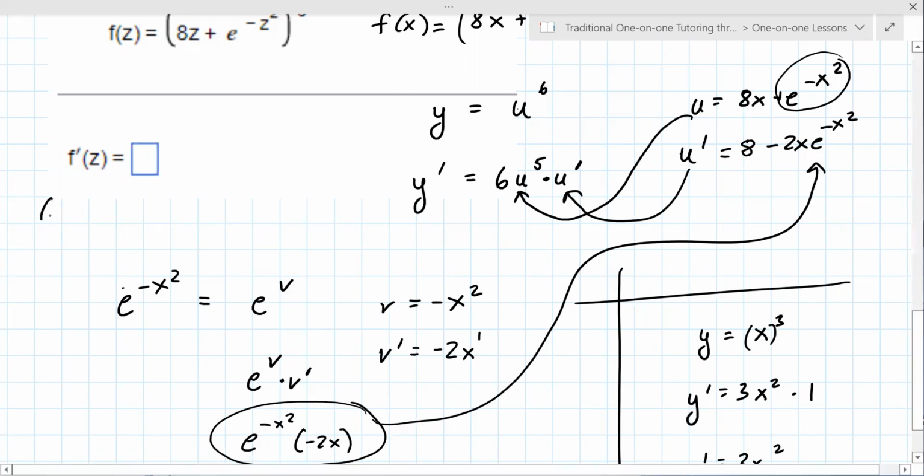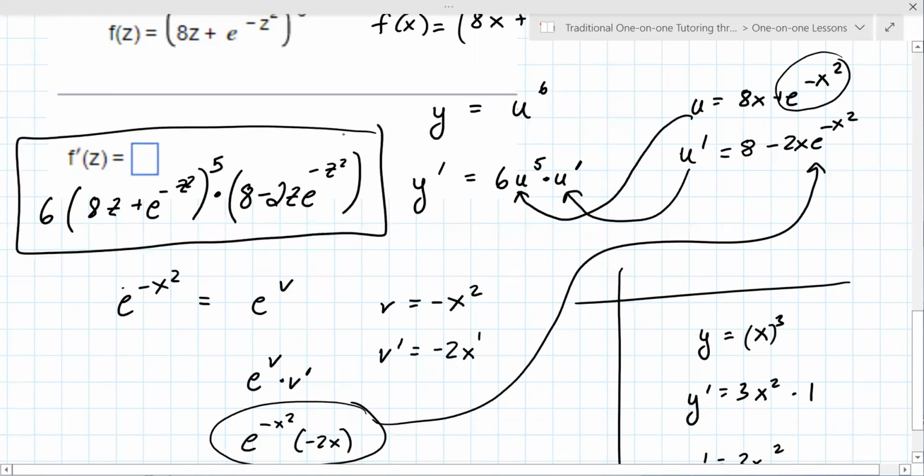So it's 6, this is finally the answer. 6 times (8z plus e to the minus z squared) to the power of 5. So that's taking care of the 6u to the 5th, times, I'm going to use parentheses here, (8 minus 2z e to the minus z squared). That's the u prime. That's your final on that.